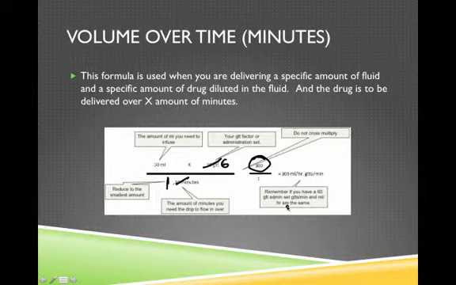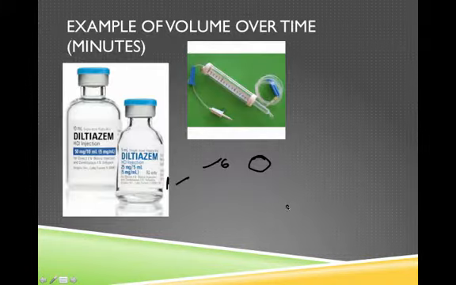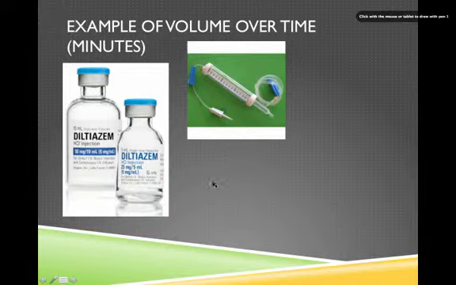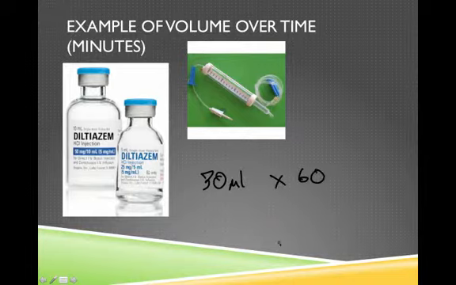So let's figure one together here really quick. So I would like this diltiazem, or Cardizem, for you to mix this into 30 mils. You have a 60 drop set. And I would like this to go in over 5 minutes at a minimum.